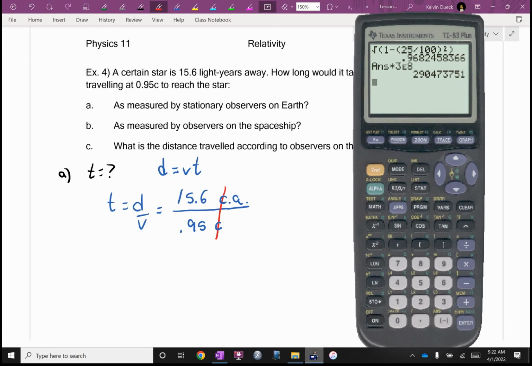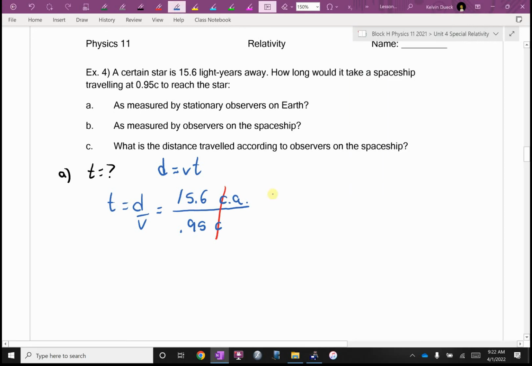So as far as we're concerned, it's going to take the spaceship 15.6 divided by 0.95, which is 16.42. I'll go 16.4 and I'll store this on my calculator. Years to get there.